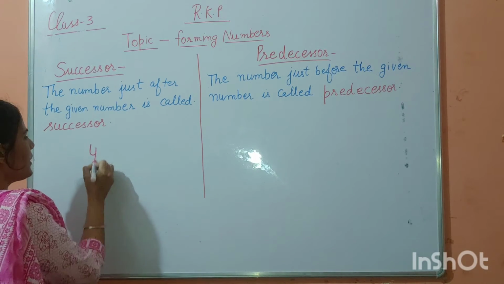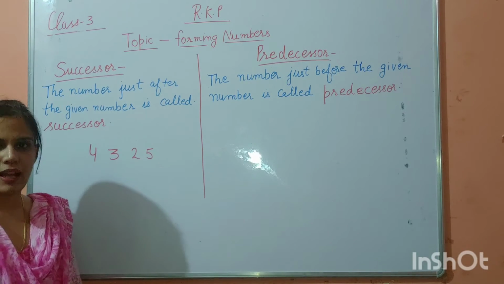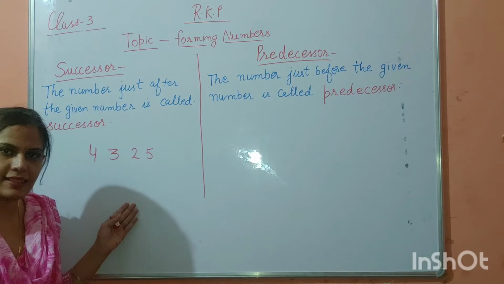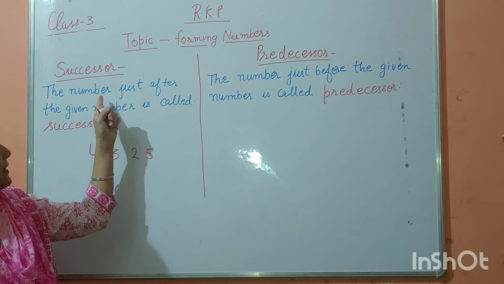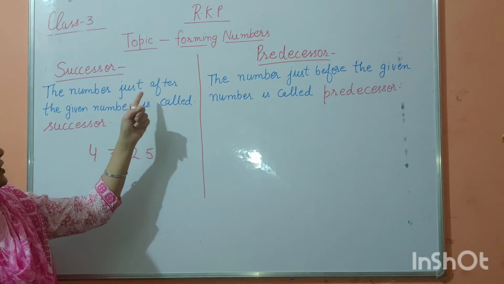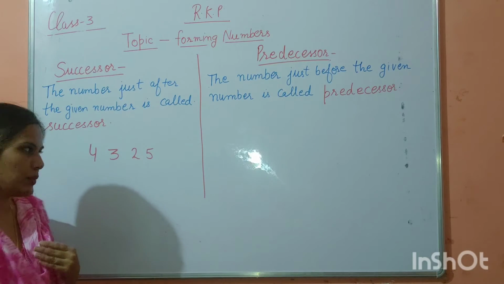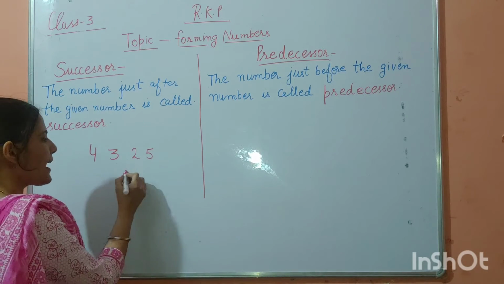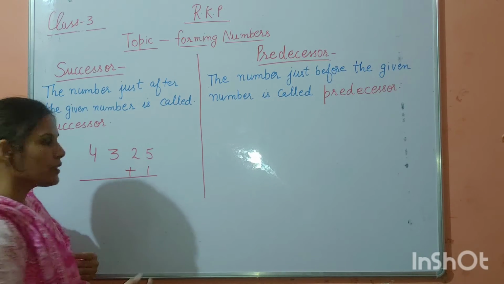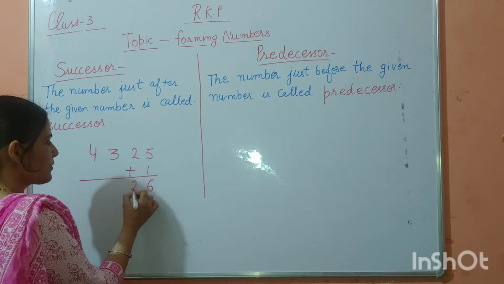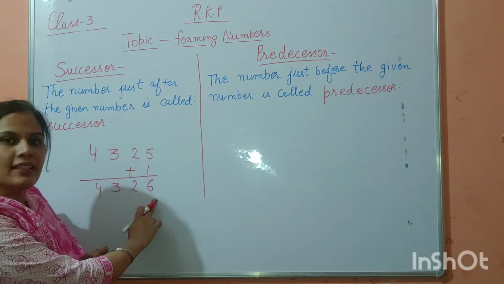You are given one number, 4325. I want to know the successor of this given number. Then as the definition suggests, the number just after the given number. Just after the given number means if I add 1 to this given number, that is the number just after it. Add it: 4326.